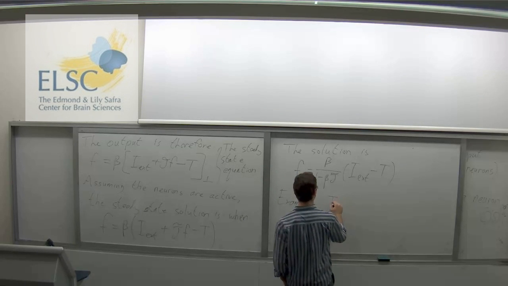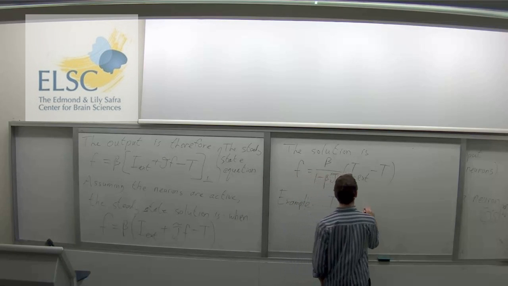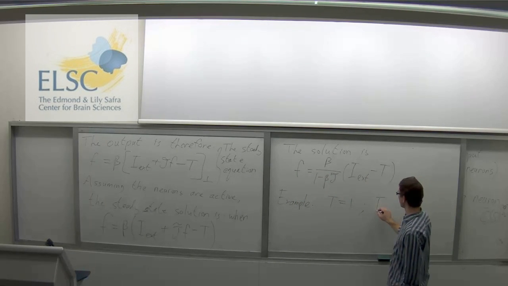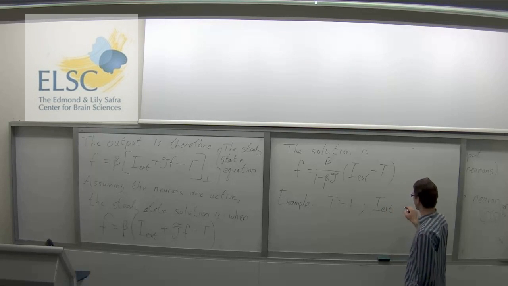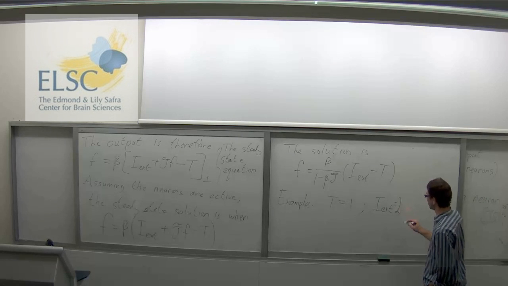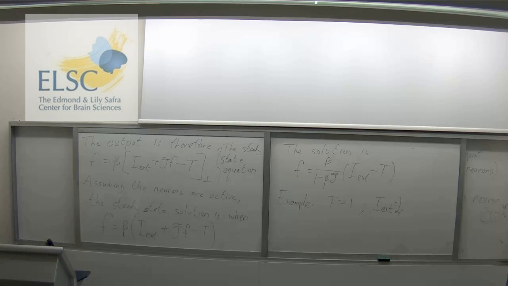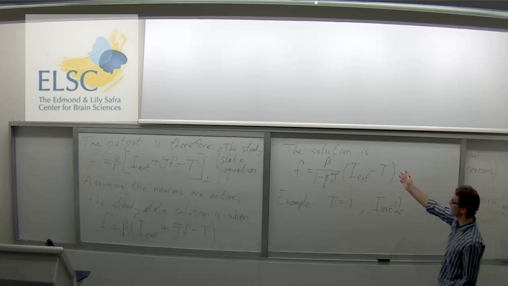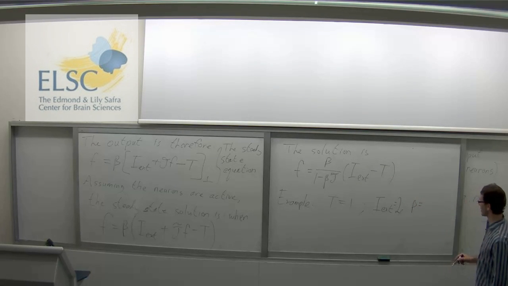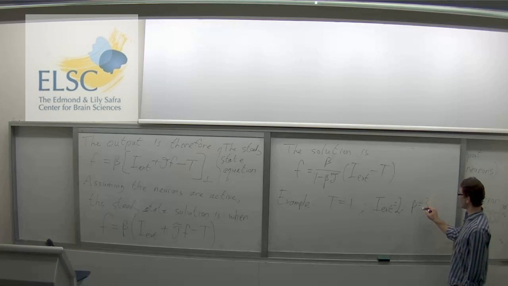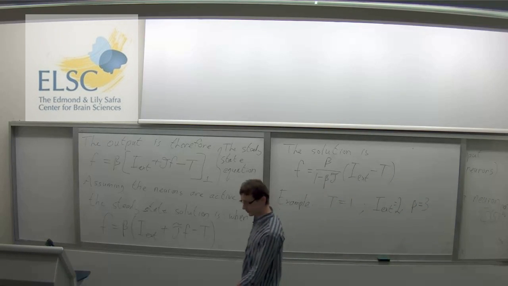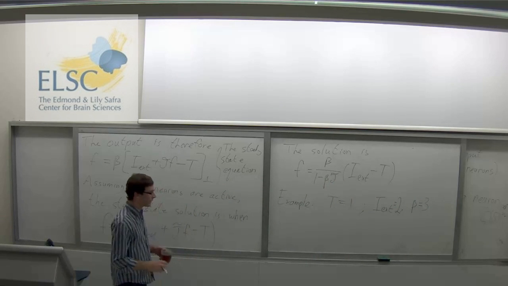Let I external be 2, and let beta be 3, and of course there are some constraints here.